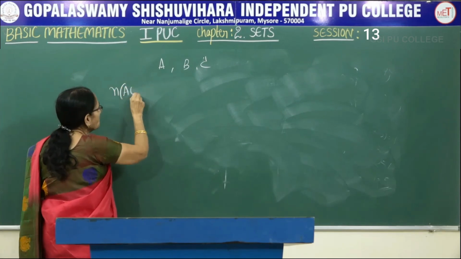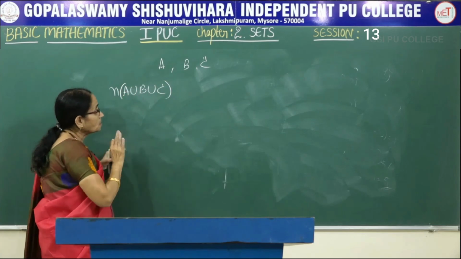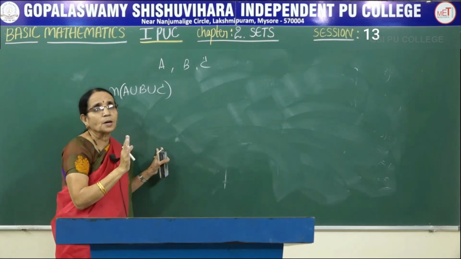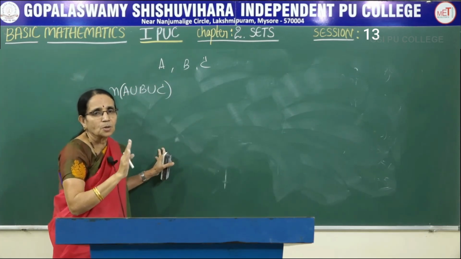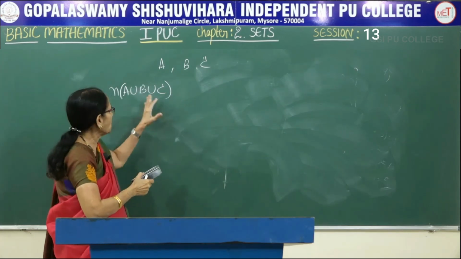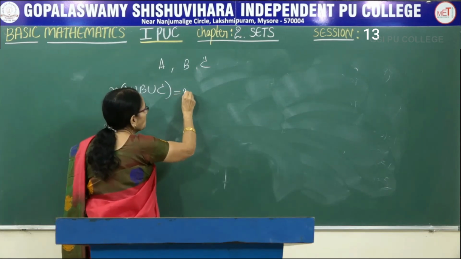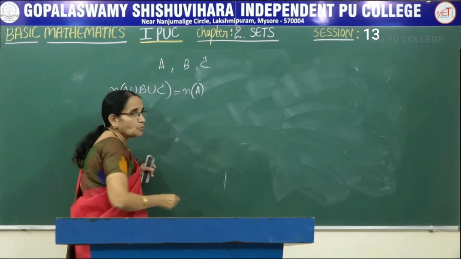We will be using them in certain problems, because when 3 sets are there, how to find the union of them? A union B union C. Of course, you have learnt in the associative property, in whatever order you combine, you will be getting the same number of elements. Now the formula is quite a lengthy formula.